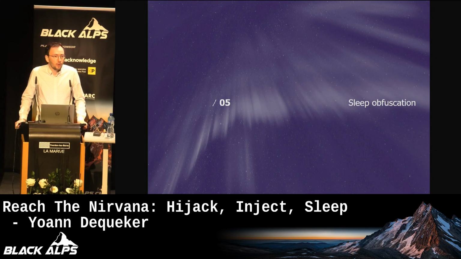And while your beacon will not be detected when injected or when performing actions, it will be detected when it goes to sleep, or comes back from sleep. So sleep obfuscation is the second important part when you are using process injection with command and control.